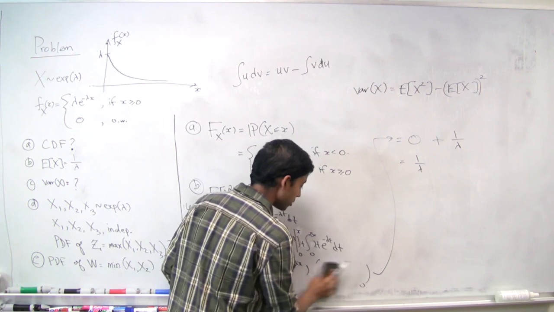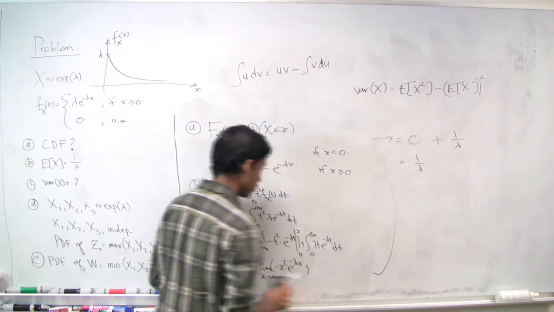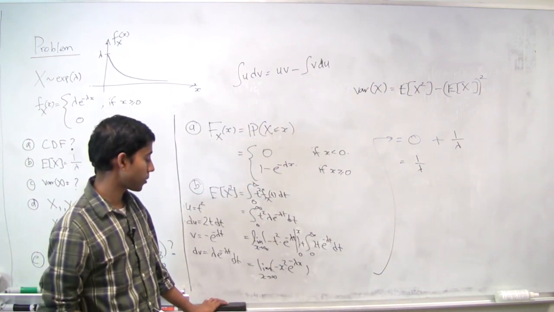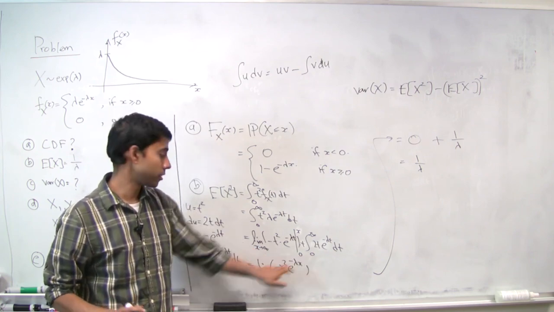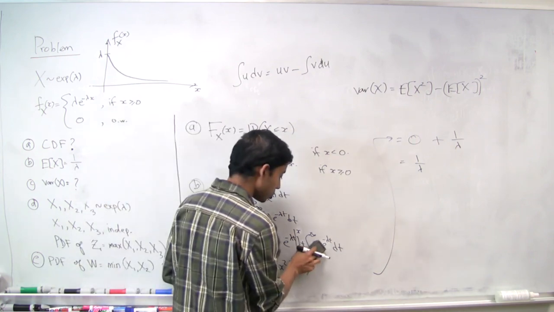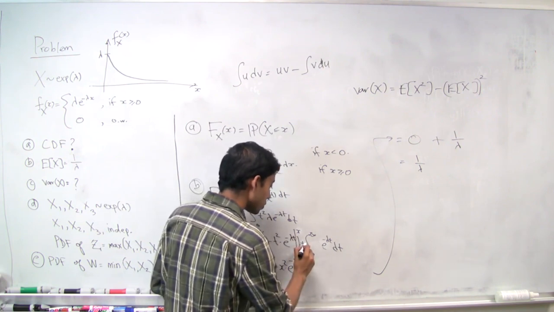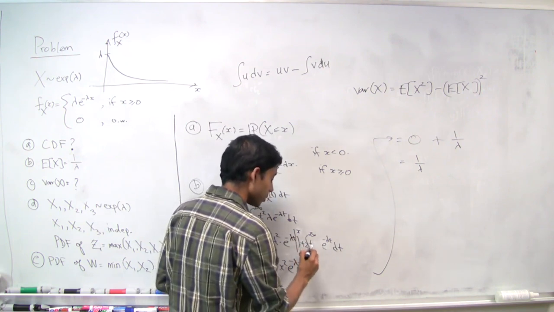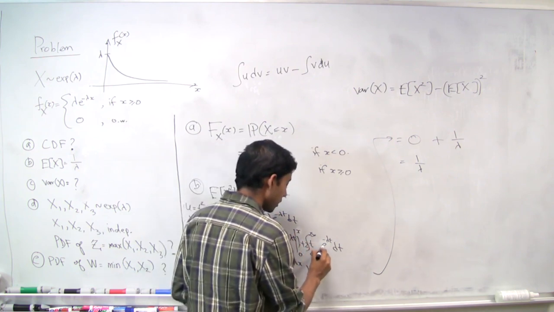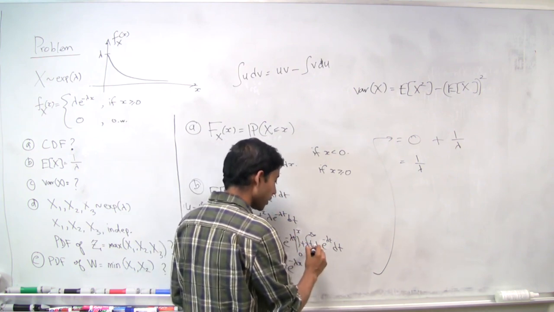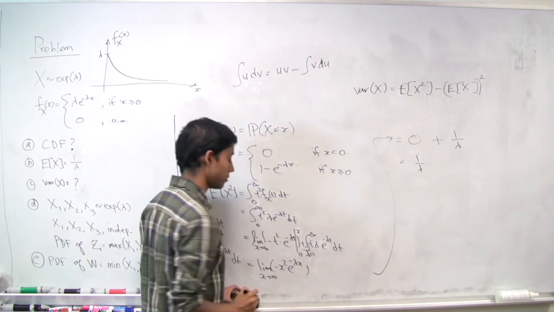In order to do this integral, we can use a trick. There's a 2t here. We can move this 2 in here, leave the t inside, and multiply by lambda and divide by lambda.